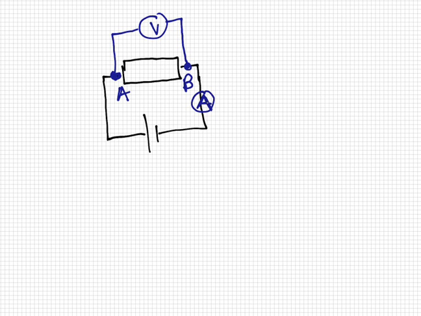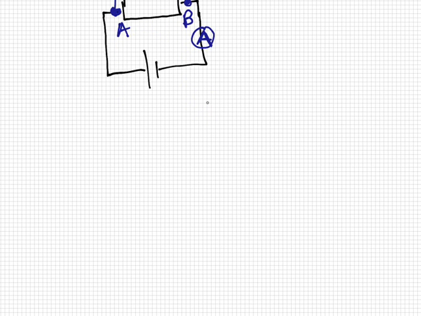Voltmeter always goes between 2 points, A and B. Ammeter, you can just stick it into the wire. So here, I'm like the voltmeter, I connect here and here. But then the ammeter, I can just stick it right in the cable, in the wire, and it'll tell me what the current is.